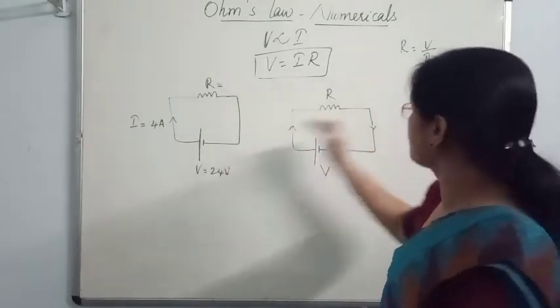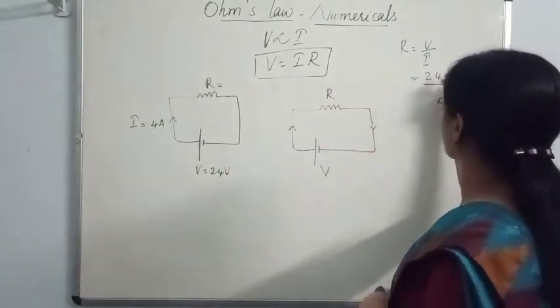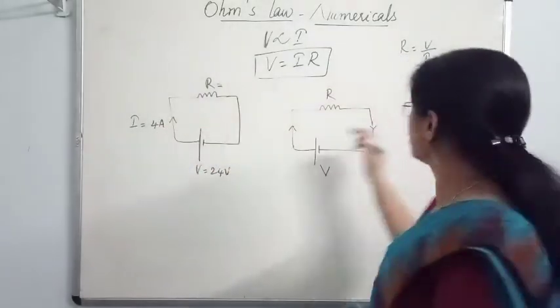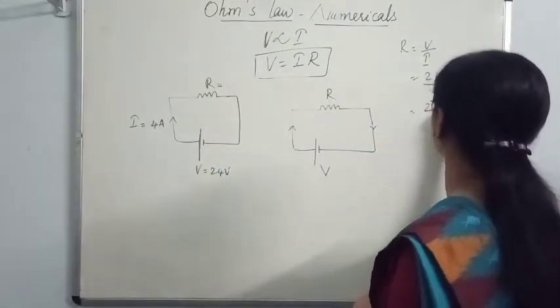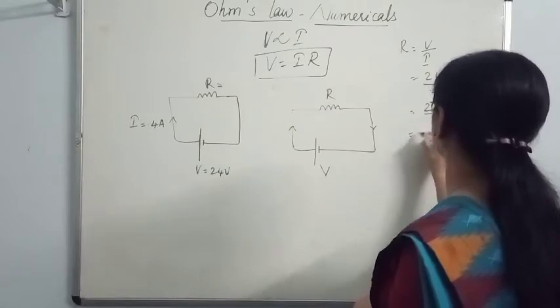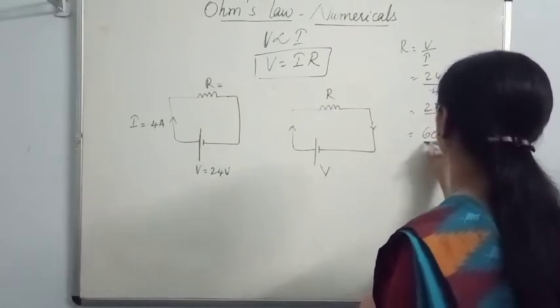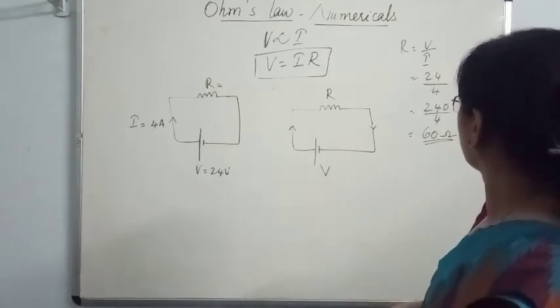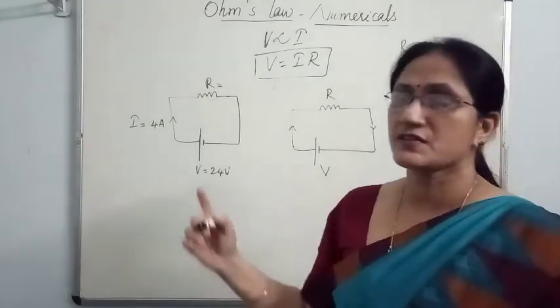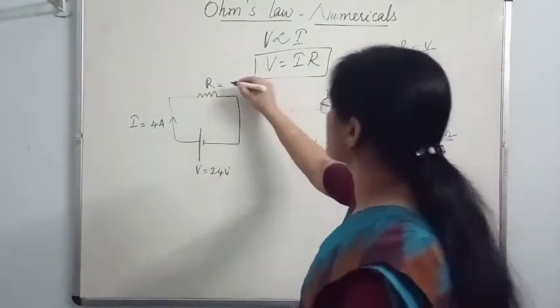V is 24, I is 0.4, resistance of this you will get as 60 ohm.